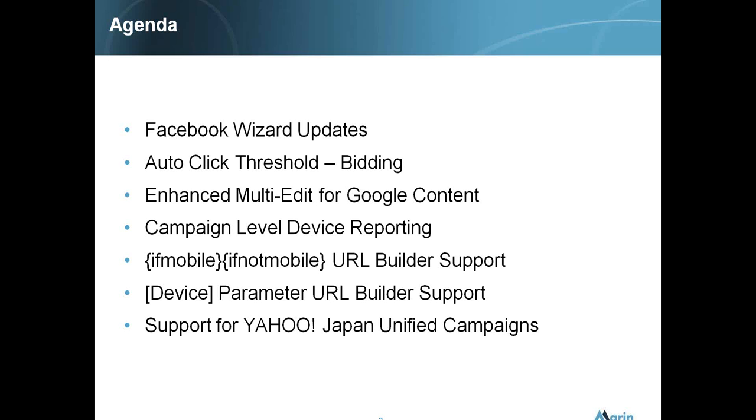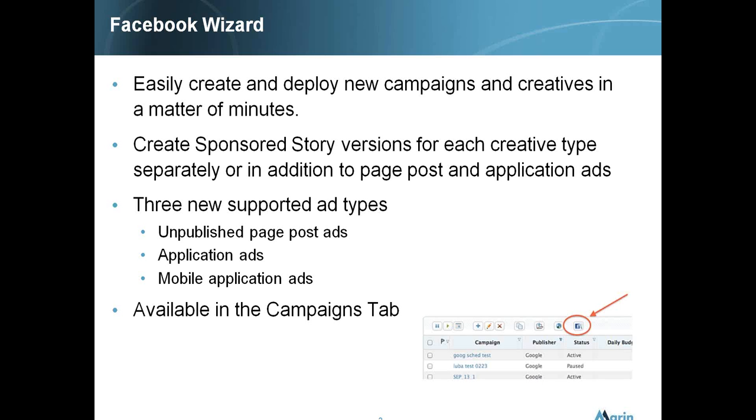Facebook wizard updates, a few updates to bidding-related features within the application, campaign-level device reporting for enhanced campaigns, and similarly for enhanced campaigns, the support of a few additional parameters that will be very useful within the enhanced campaign setup. And we will briefly cover Yahoo Japan Unified Campaign support within the application.